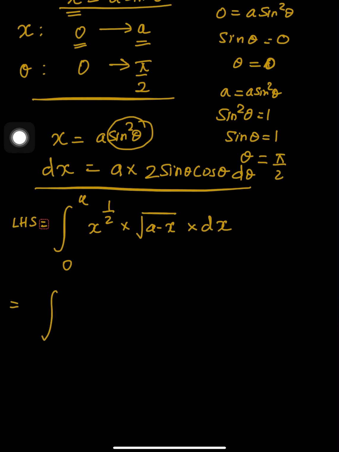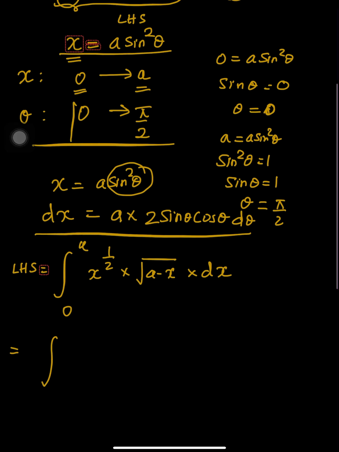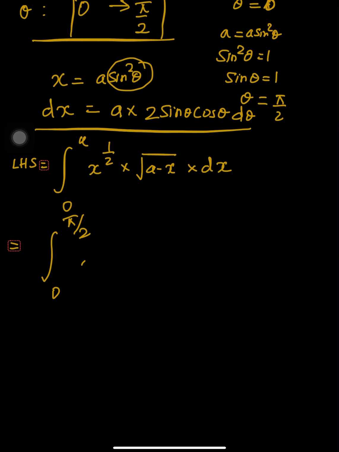When 0 to a means 0 to pi by 2, you have already found this one. So you have to apply this here, because you are going to change everything into theta now, not x. So x means a sine square theta, which is the substitution given. x to the power half means you can put root of everything.